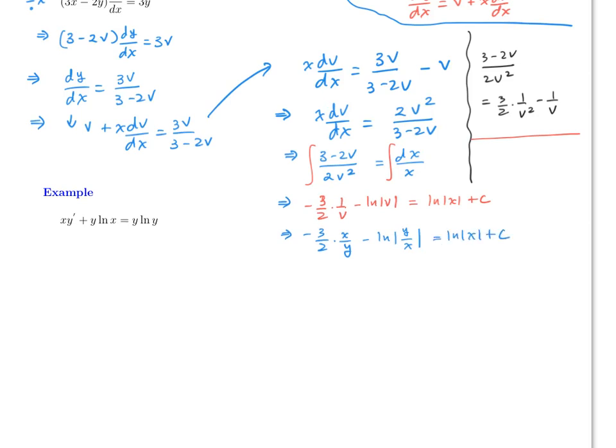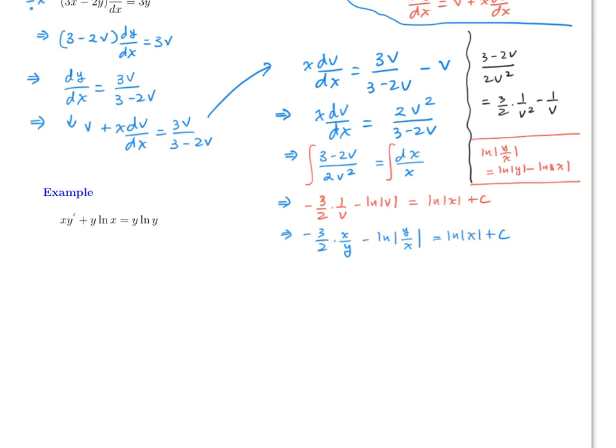Now here notice, again, ln of y over x from precalculus is the same thing as ln of y minus ln of x. And the minus here is going to make a plus, which means that this is going to disappear. It's going to cancel.